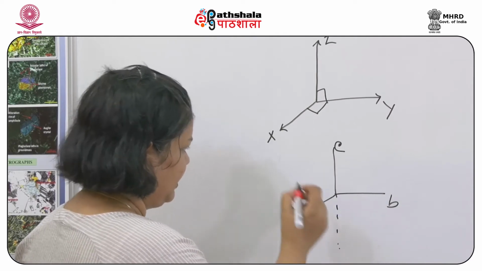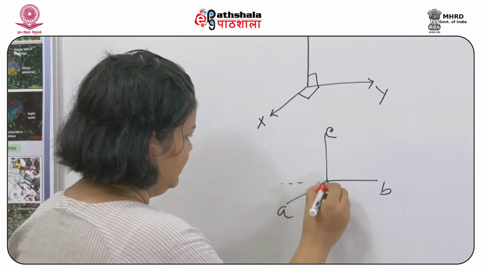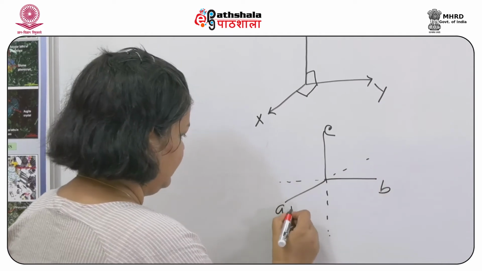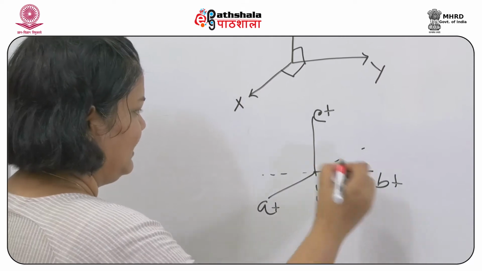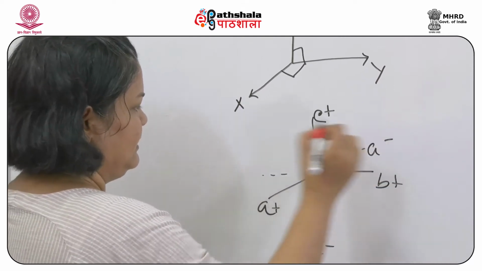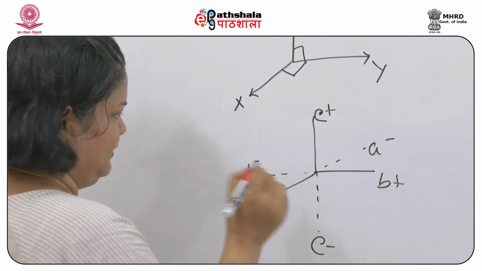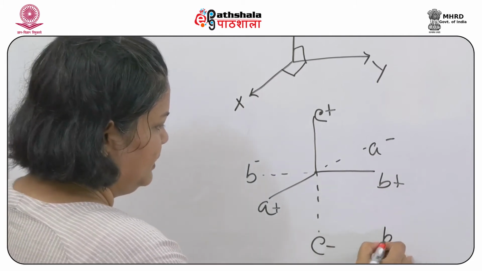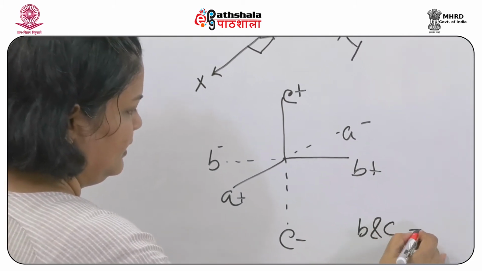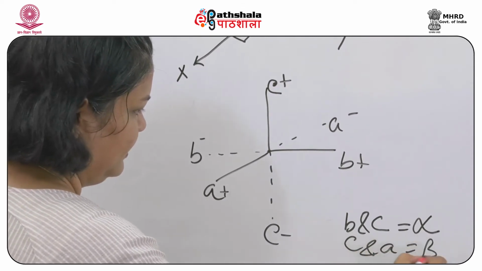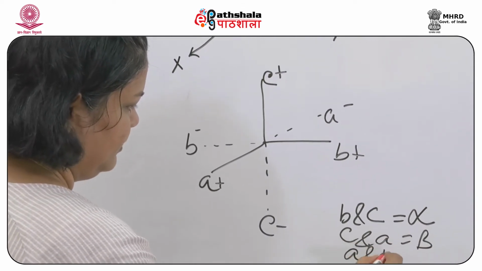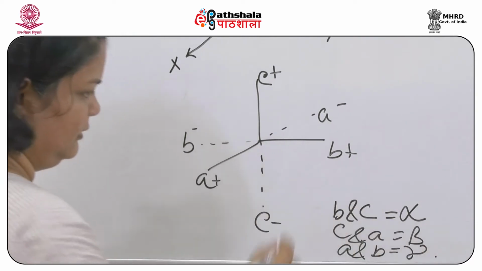Since we have a three-dimensional object, we have negative coordinates as well. Here A is positive, here B is positive, here C is positive, we have C negative here, A negative here, and B negative here. The angle between B and C is the alpha angle, between C and A is the beta angle, and between A and B is the gamma angle.